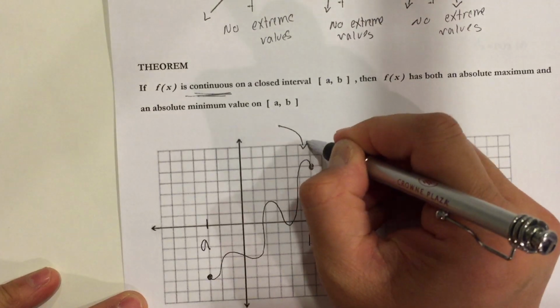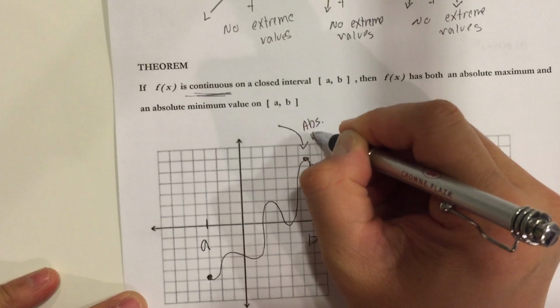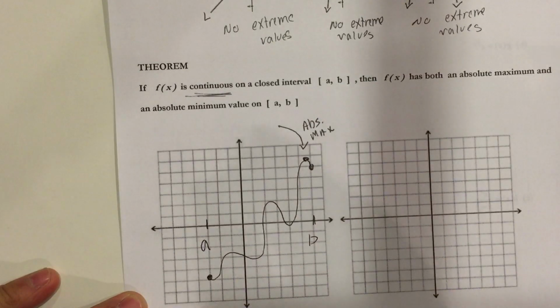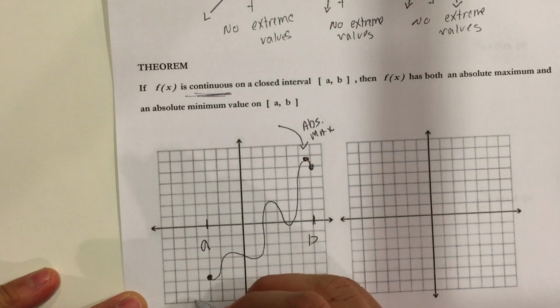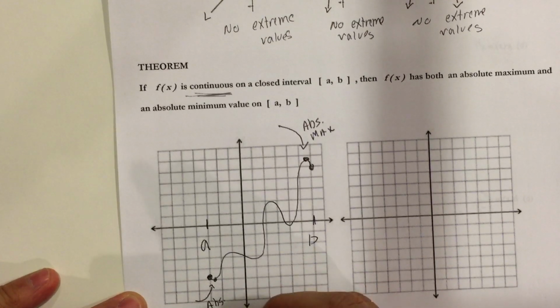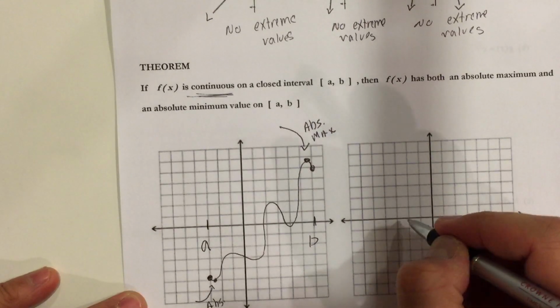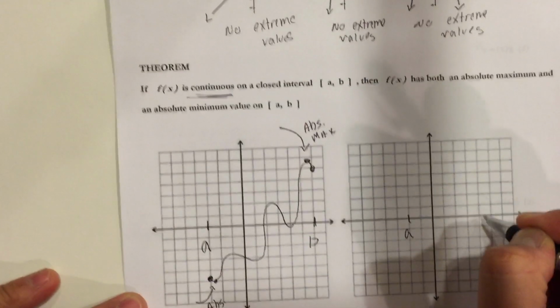The absolute max will exist right here. And the theorem guarantees that there's an absolute min, and the absolute min exists right there. Okay, so any continuous function on a closed interval has to have an absolute max and absolute min.